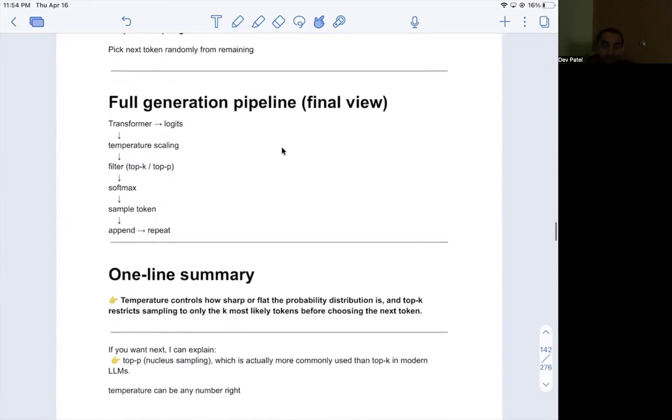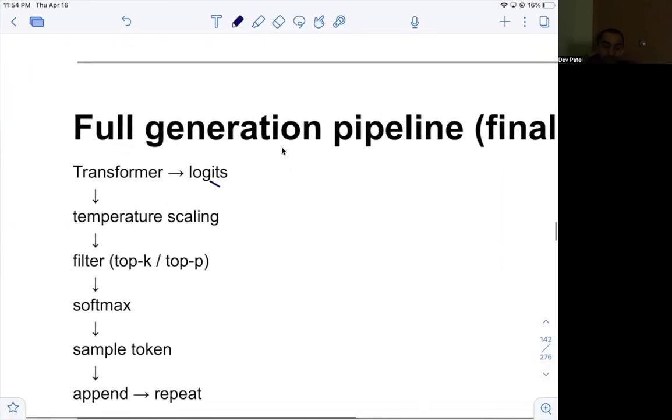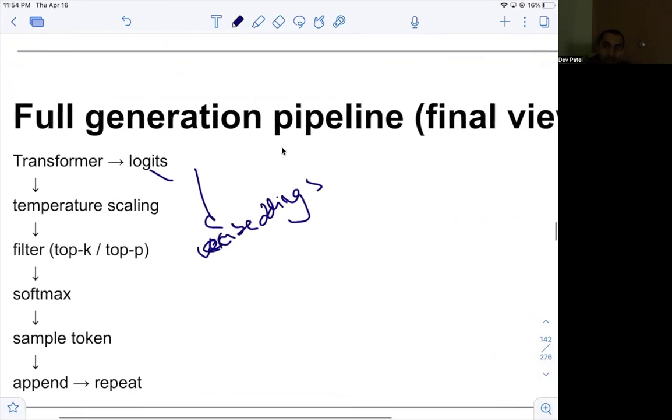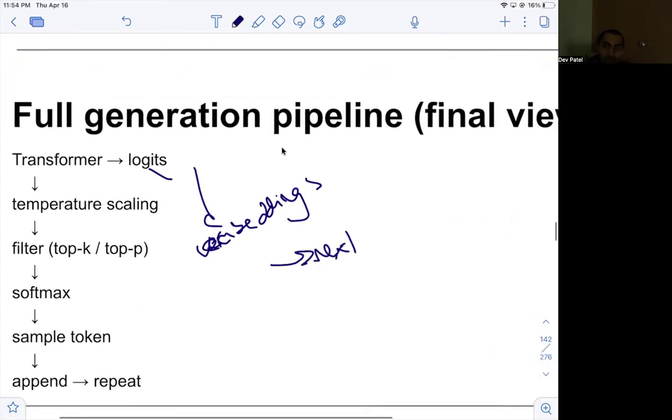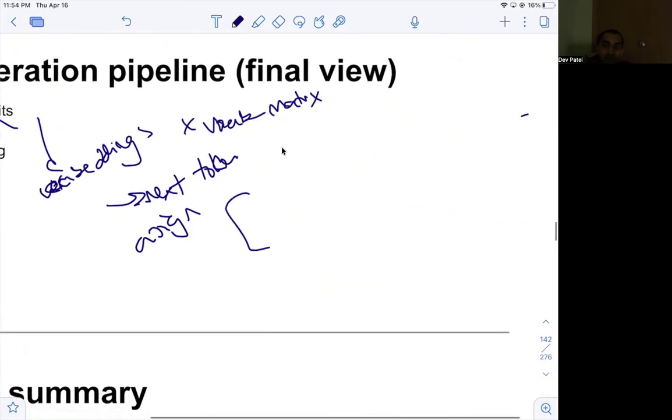And how does it generate the logits? It has now vector embeddings, embeddings that it has learned, and now it gets transformed. How does it do next token generation? Well, the embeddings then get multiplied by the vocab matrix. That vocab matrix then assigns a probability that the next token is going to be one of the tokens in the vocab space, a probability for each of the tokens.